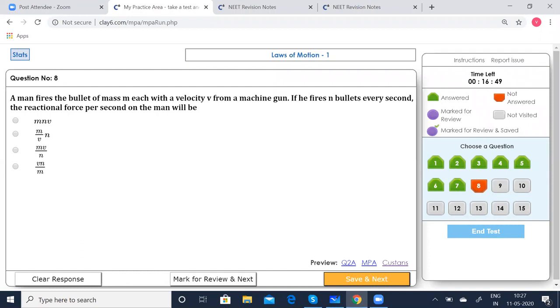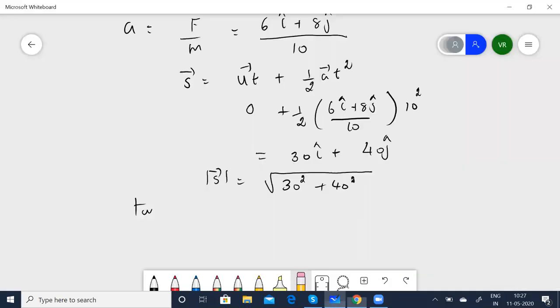A man fires bullets of mass m each with a velocity of v from a machine gun. If he fires n bullets every second, the reaction force per second on the man will be what? Let me complete this: tan theta is equal to 4 by 3, which means tan inverse of 4 by 3.